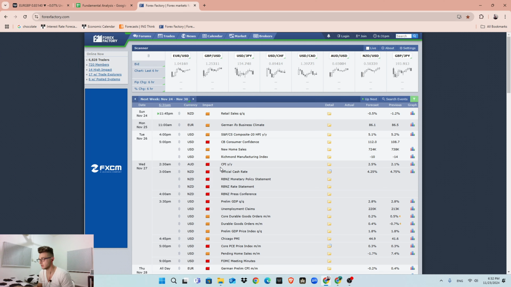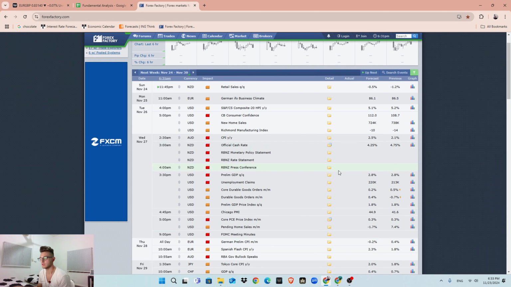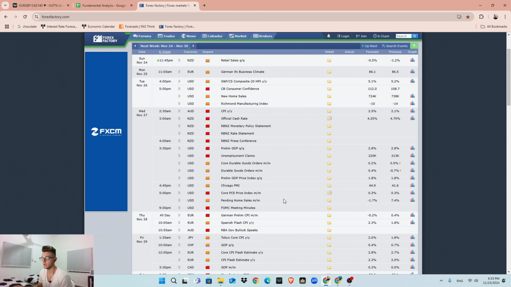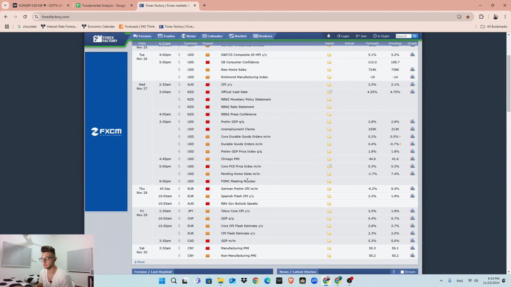Also, we have the CPI of the Australian dollar on Wednesday, and it's forecasted higher. We shall see how these data will come out and how it will affect the market. We have GDP forecasted as the same. We have core PCE, FOMC meetings.